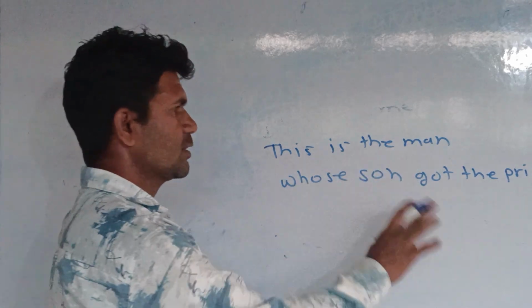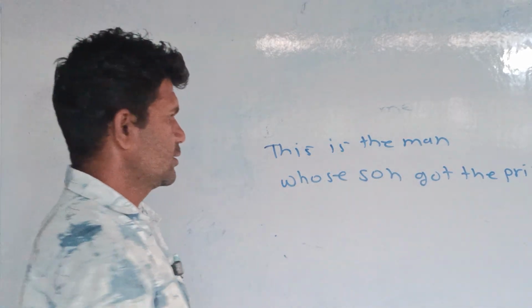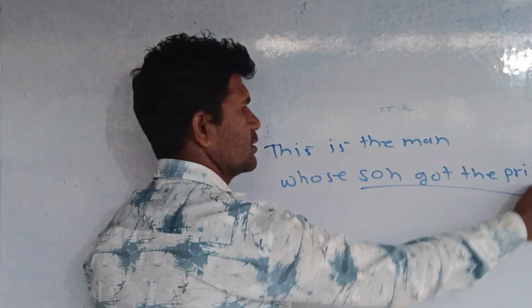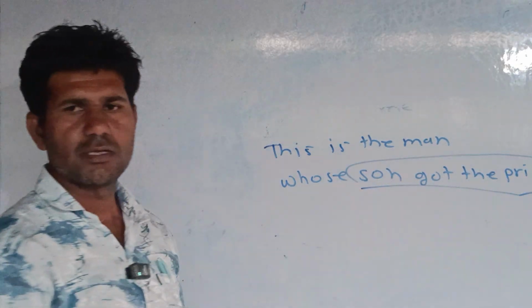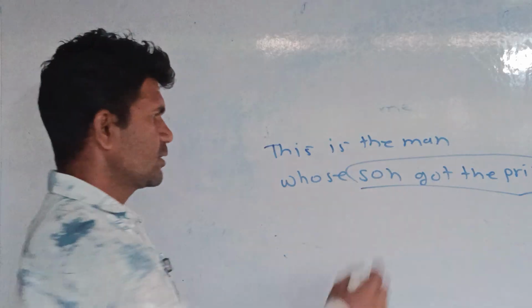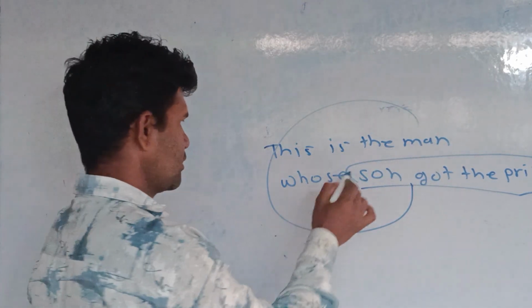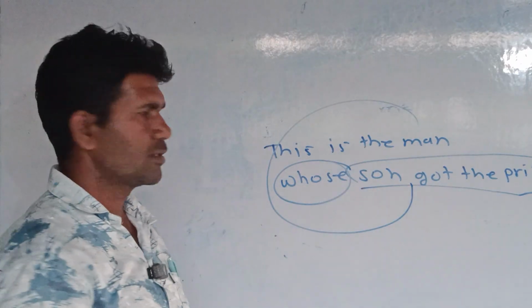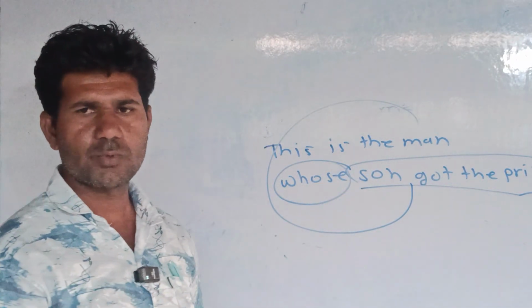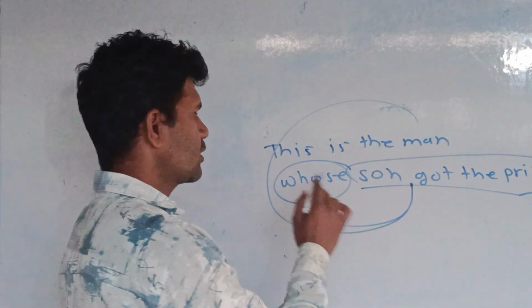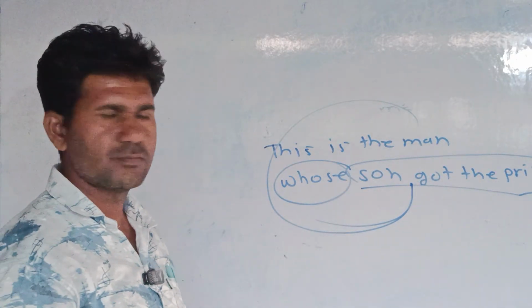Son got the prize is our relative clause. It provides information about the man. Which man? Whose son? Whose. This is our relative pronoun. It connects relative clause to the noun.